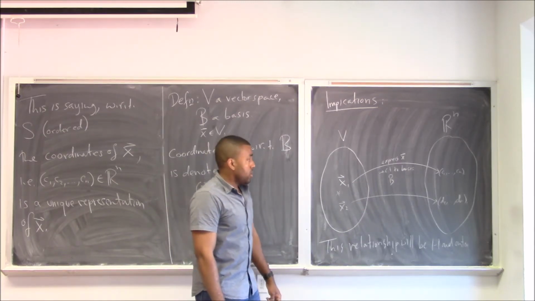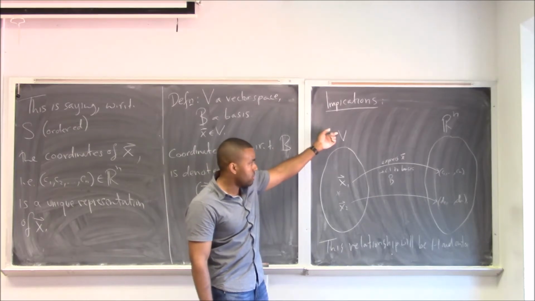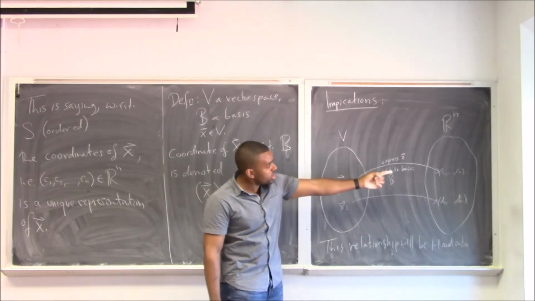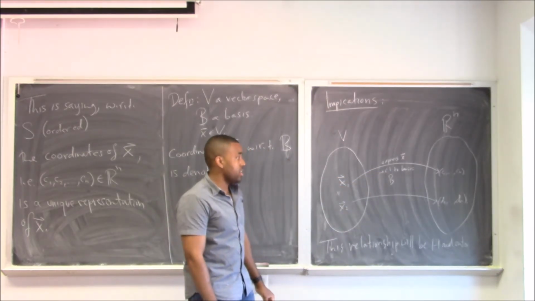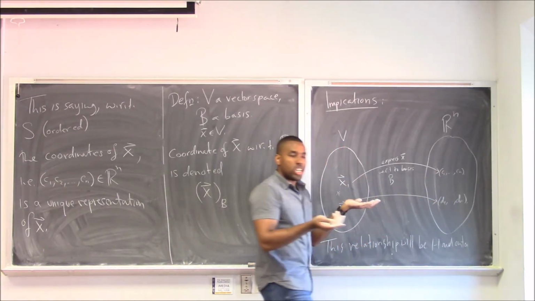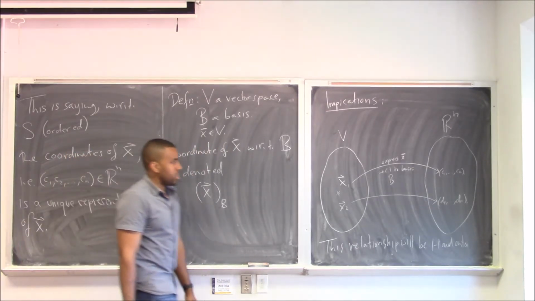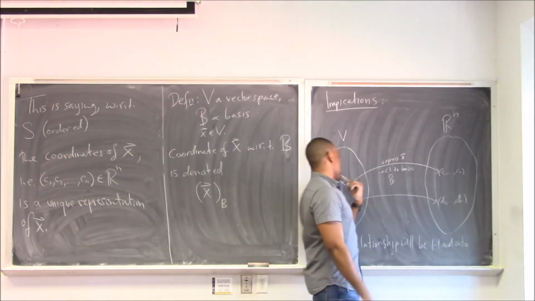Assuming that V has a basis that has n vectors in it, I will be able to link it uniquely to a coordinate in Rn, which means this guy and this coordinate are interchangeable as far as I'm concerned. They'll always be the same guy. This guy is going to behave like that guy.